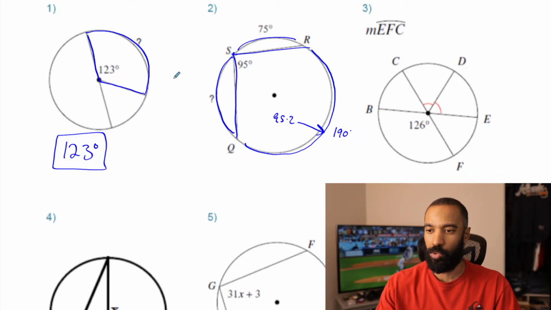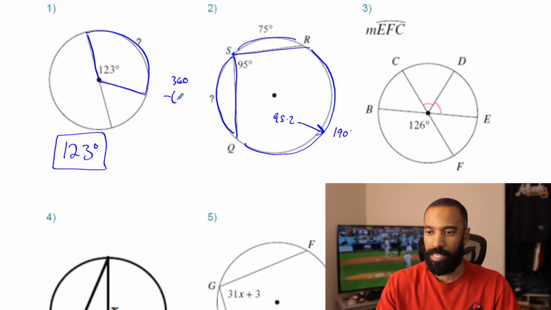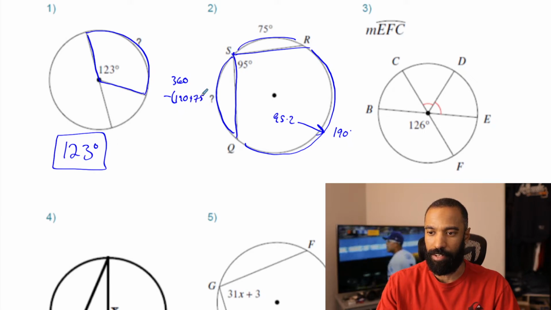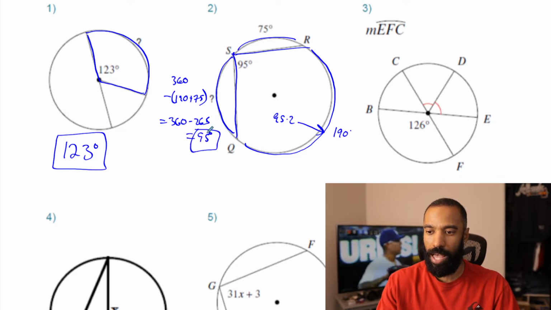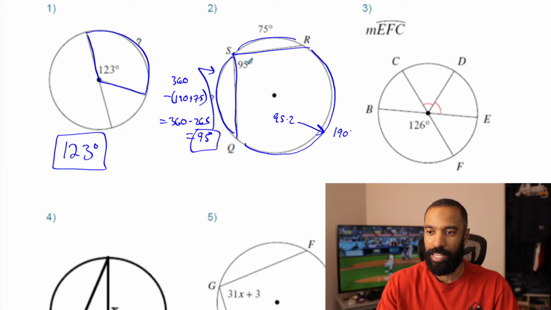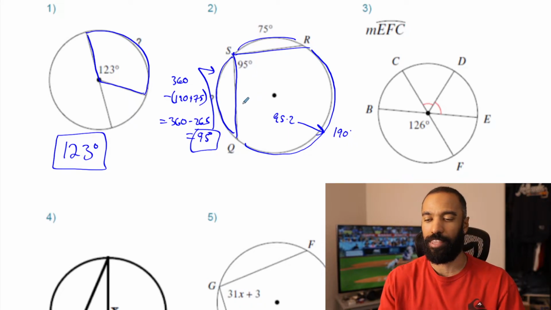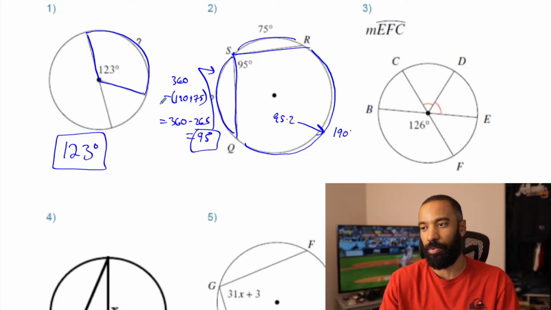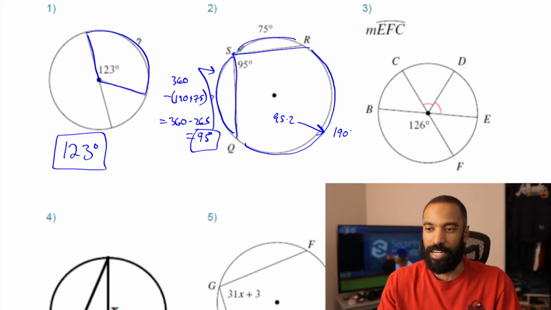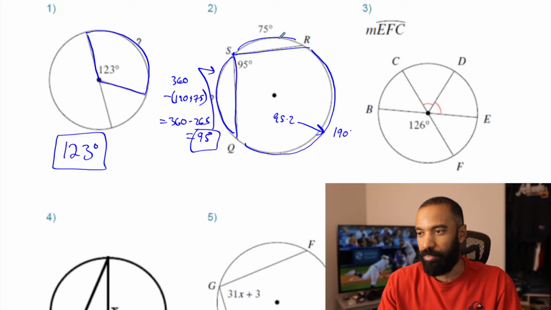So this is 360 minus the sum of 190 and 75, or 360 minus 265, which is 95. As well, it's 95, much like that angle's 95 right there, which is probably unrelated.